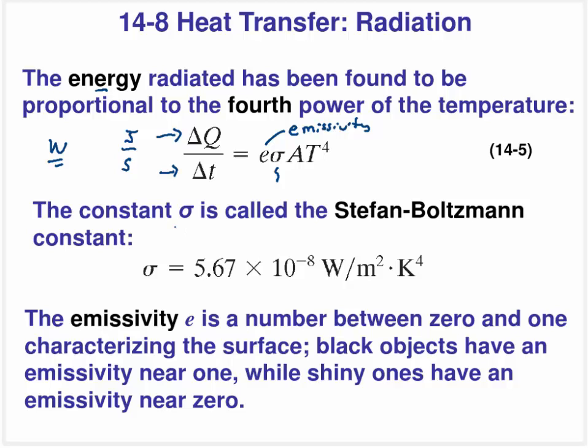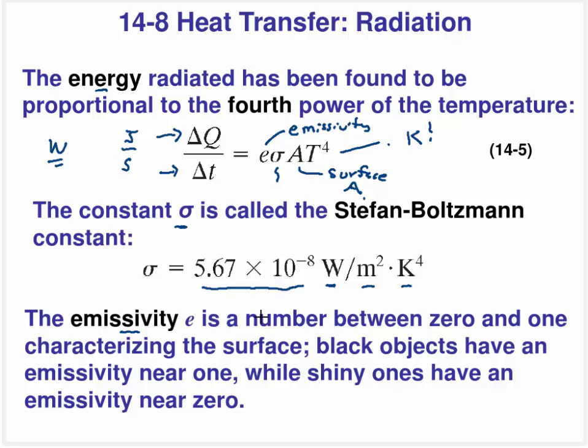This is going to be the Stefan-Boltzmann constant, which is just a constant, 5.67 times 10 to the minus 8th, in watts per meter squared Kelvin to the 4th. This is going to be the surface area, so make sure we don't confuse this with the cross-sectional area, which we saw in conduction. And then this is going to be the temperature to the 4th, and keep in mind that temperature must be in Kelvin for this equation to work out.